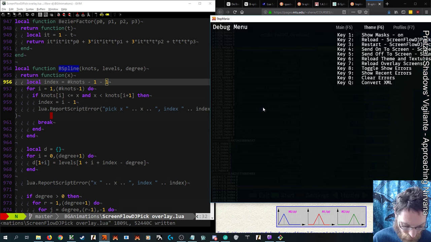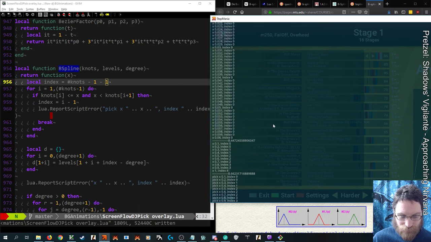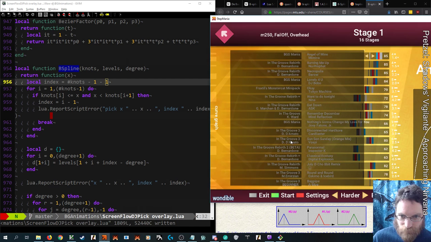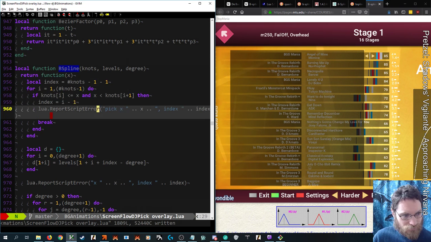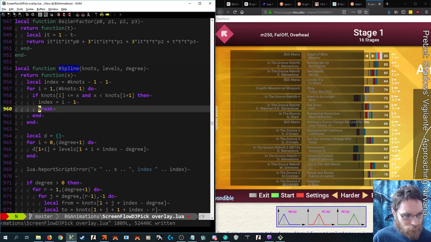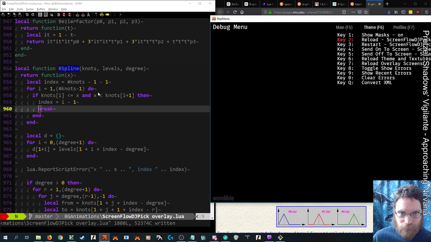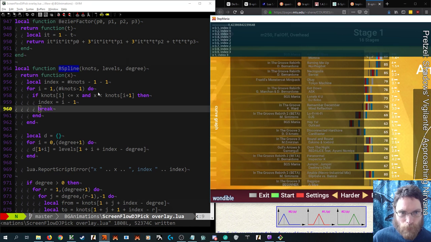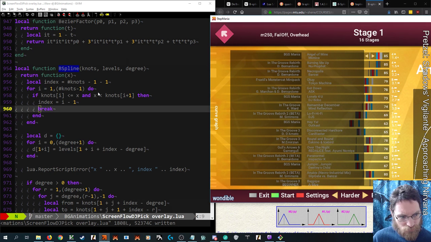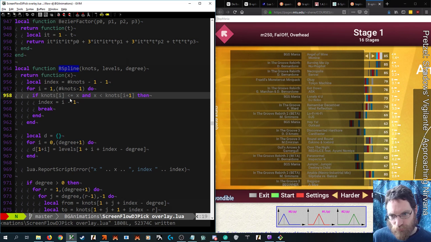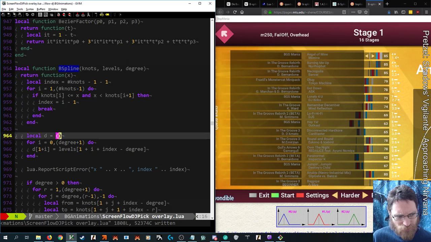Index is the one we select minus 1. But we're still not getting... Index 3. We're still not getting... Now, we have far fewer points. We should still see some points, though.